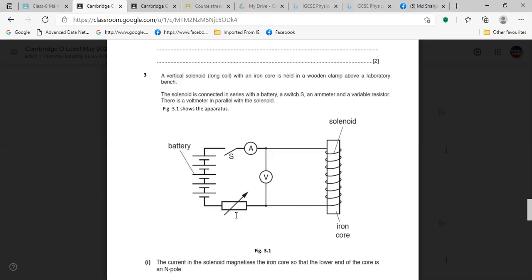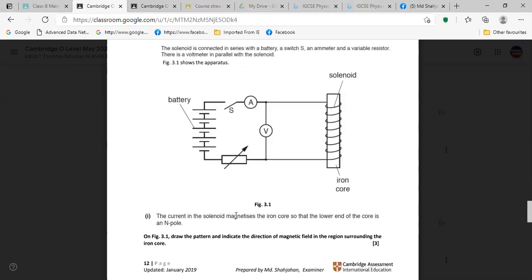According to our need, we can change it. That's why it's called variable resistor. Then we have voltmeter. Voltmeter is a device which measures the voltage between 2 points in a circuit. Is it clear? Yes, sir. Okay, then continue.